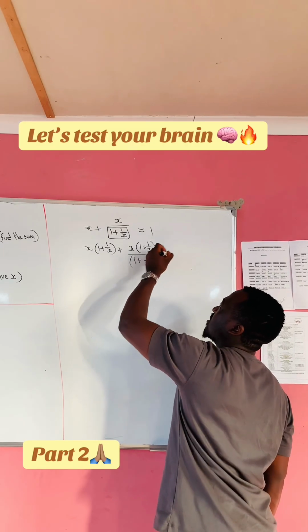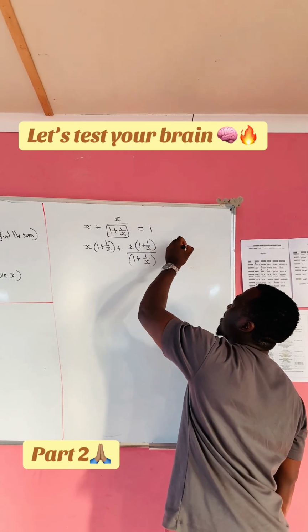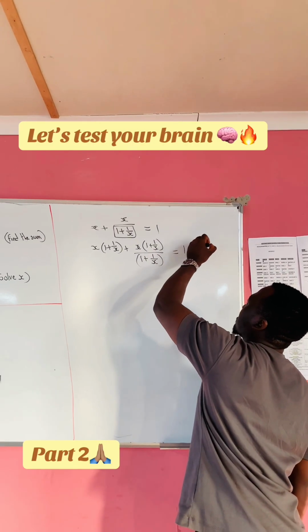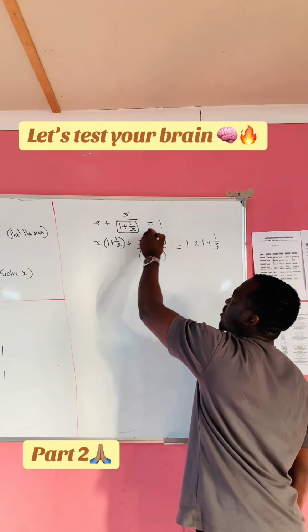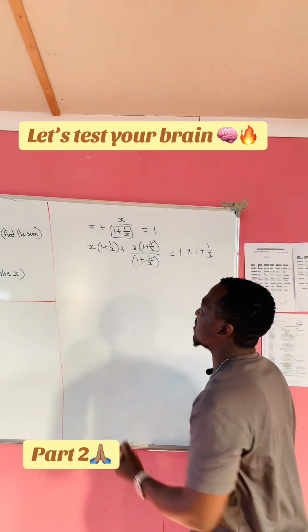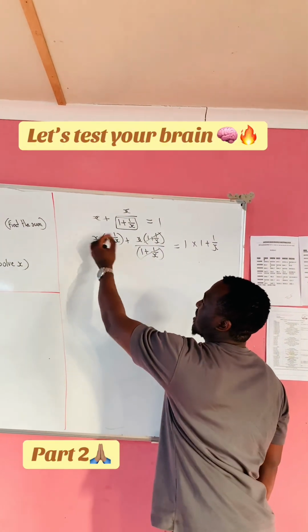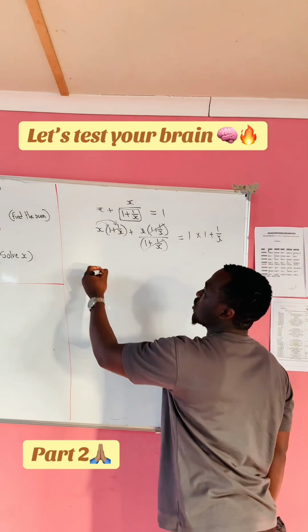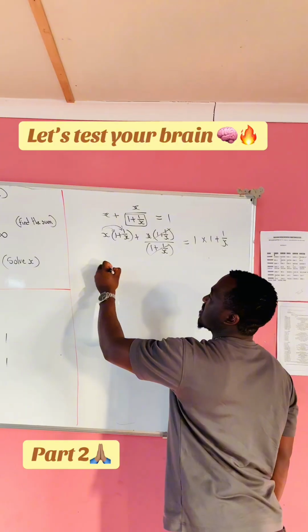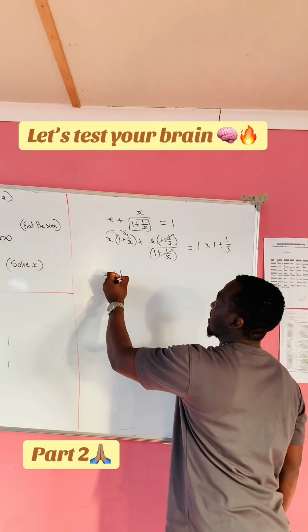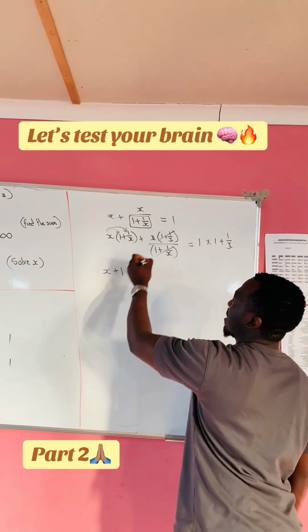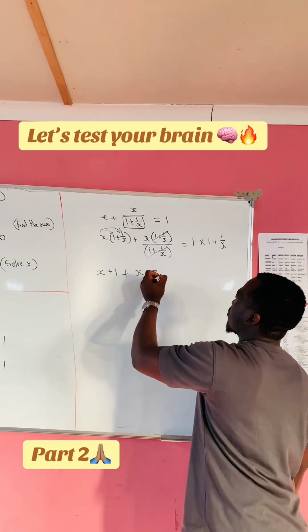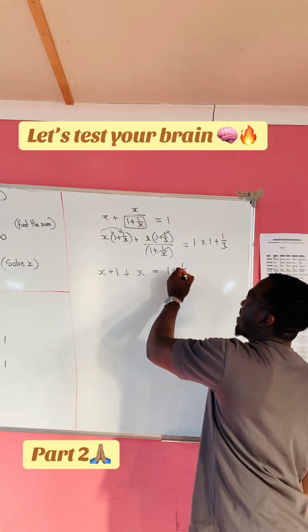Let's put bracket here, which is equals to this 1 multiplied by 1 plus 1 over x. So these two brackets now, they cancel out. Then we are left with that. But that we can simply multiply it for it. So we're going to have x plus x over x, which is 1. Then plus these two cancel, we're left with x, which is equals to 1 plus 1 over x.